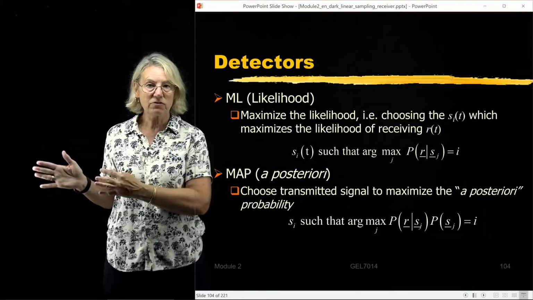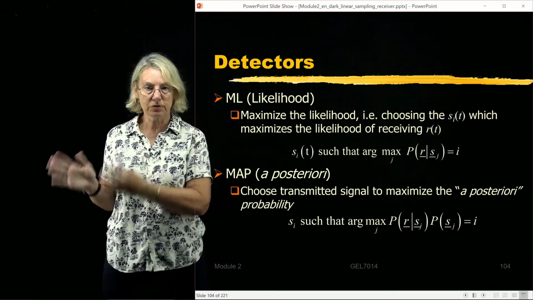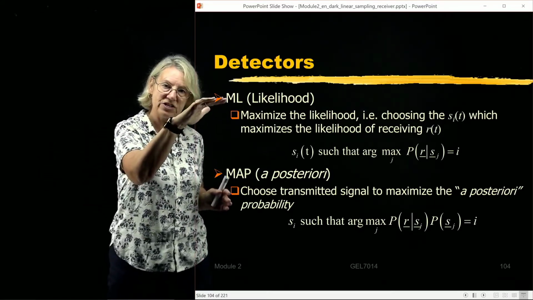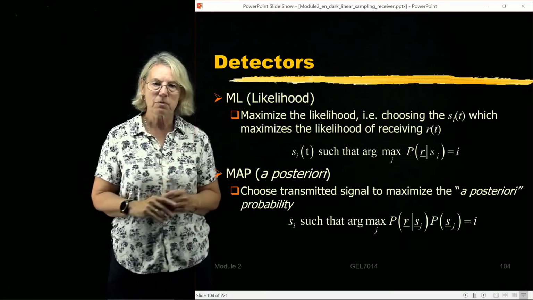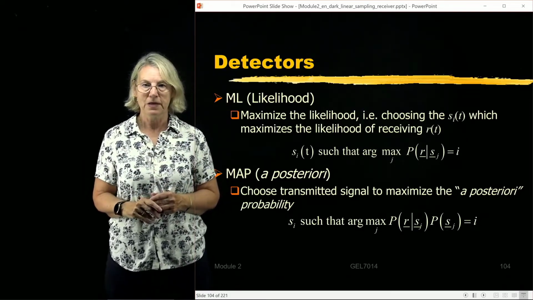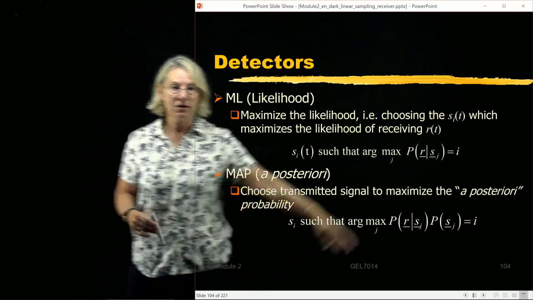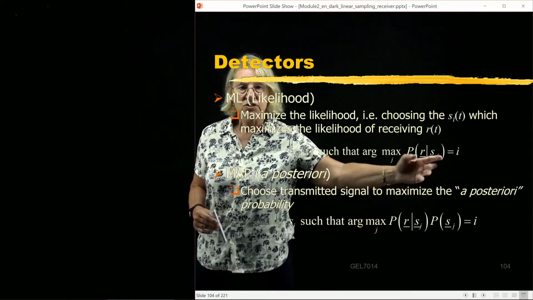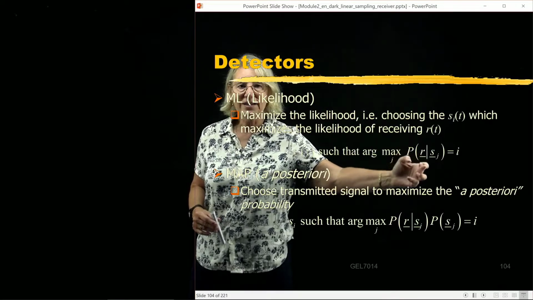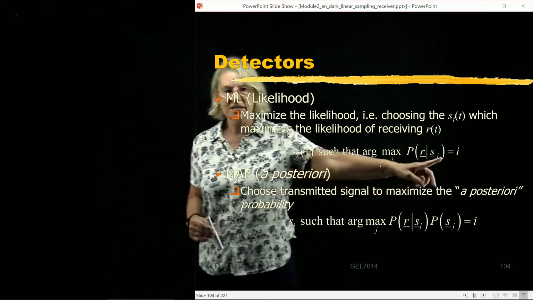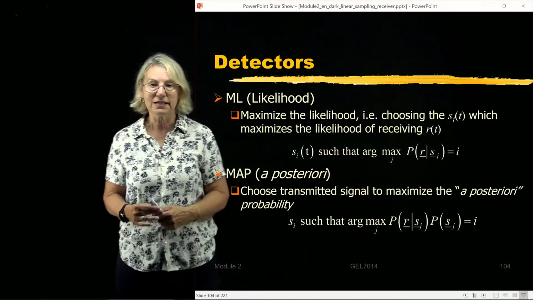So having found the conditional distribution, I can now apply our two strategies, maximum likelihood and maximum a posteriori probability. The conditional probability we found is the likelihood function. What is the likelihood of this received signal given that it was this symbol which was transmitted?